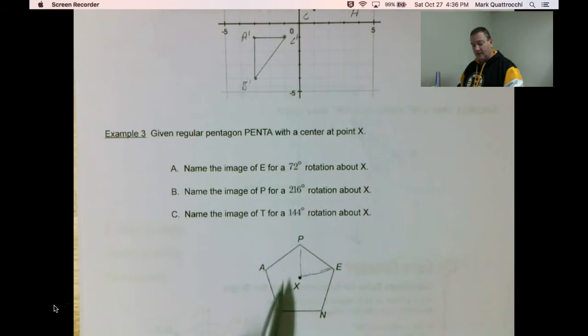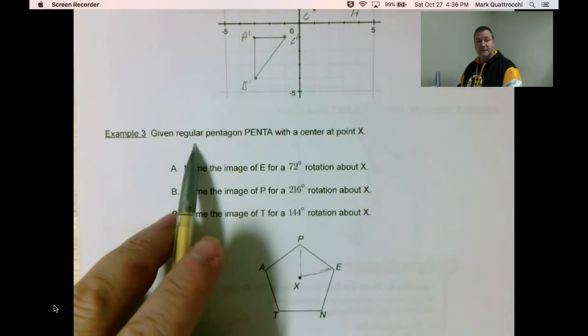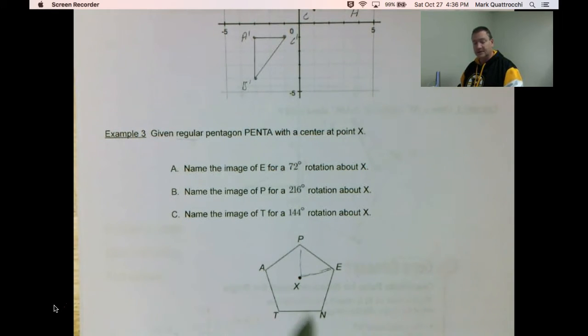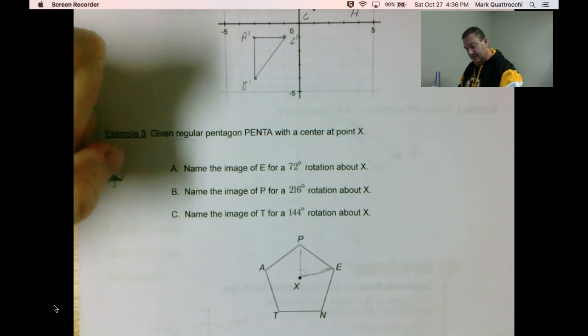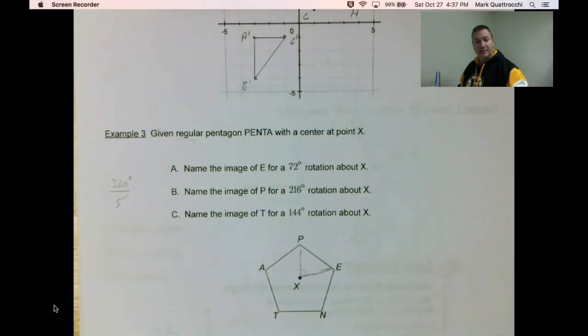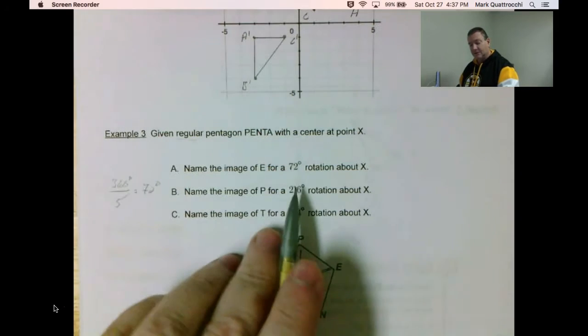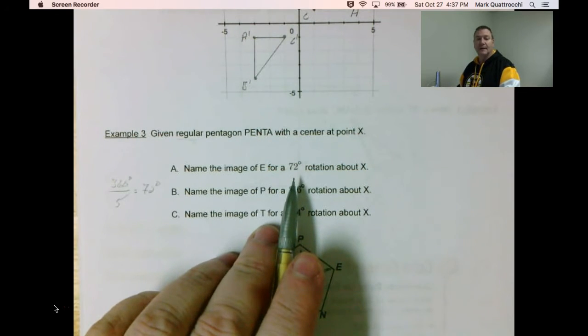They're all congruent because it is a regular pentagon, meaning all the sides are the same, all the angles are the same. So this angle is the same as the other 4 angles. All 5 of them add up to 360 degrees. 360 divided by 5 is 72 degrees. So this rotation angle is not random.